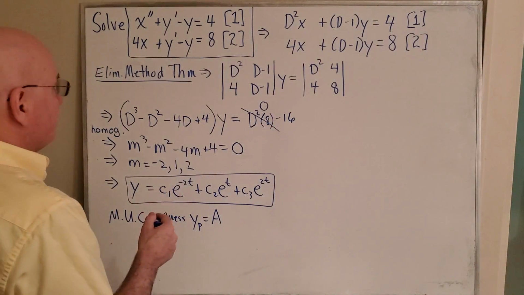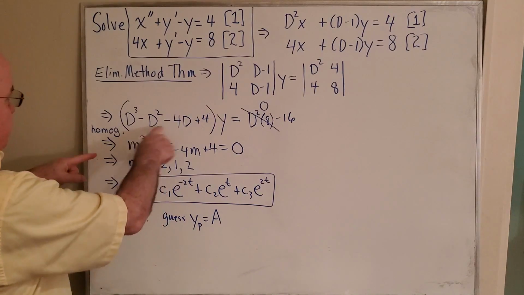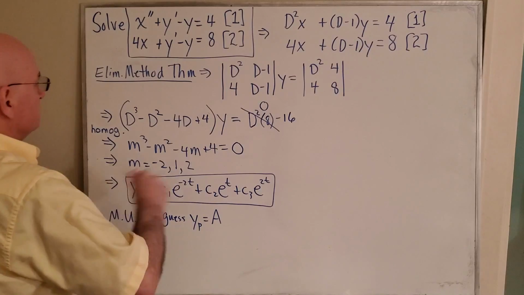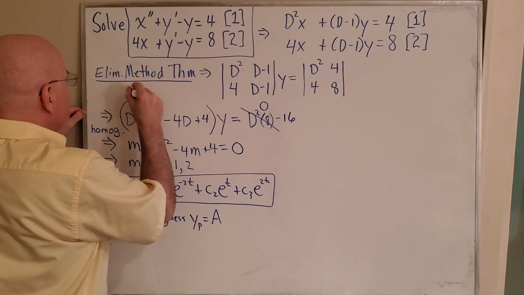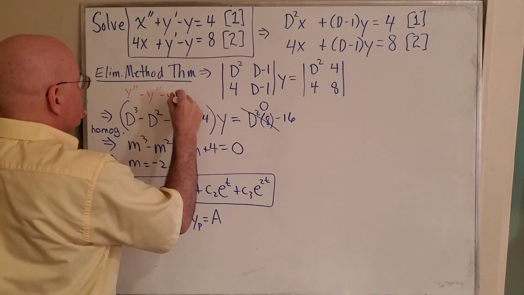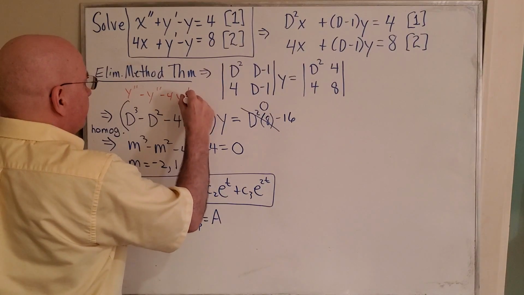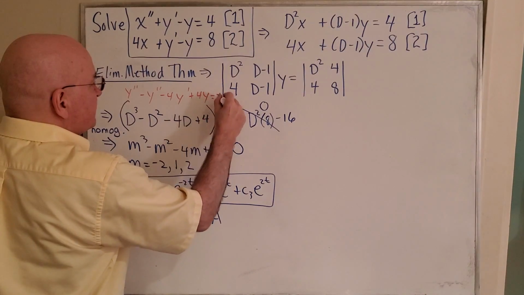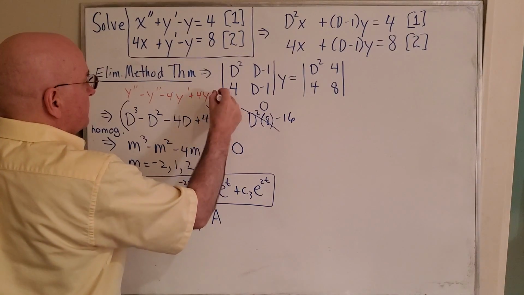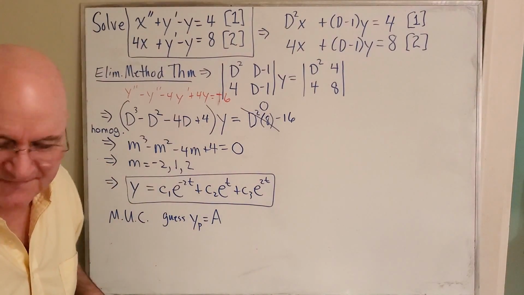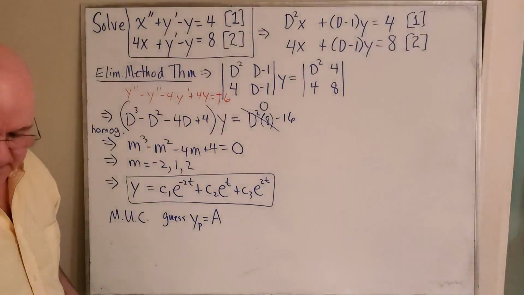Well, notice this is the same as y triple prime minus y double prime minus 4y prime plus 4y equals negative 16. I'm doing that because I'm going to cheat and not write down every single step.